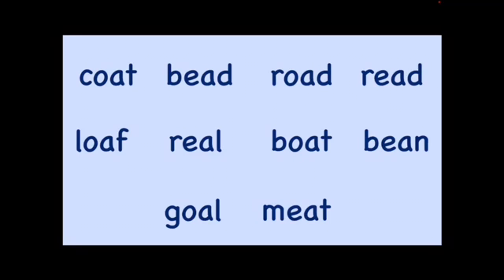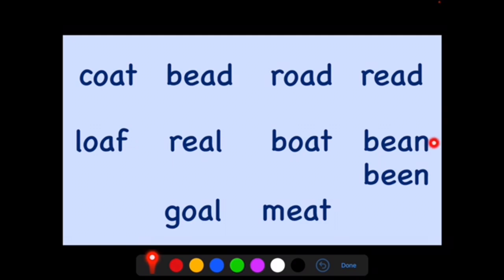Bean, however, can also be written with a double E, and the meanings are quite different. This is the one you eat, and this is the one you'd put in a sentence if you'd been somewhere. Like, I've been to school today.